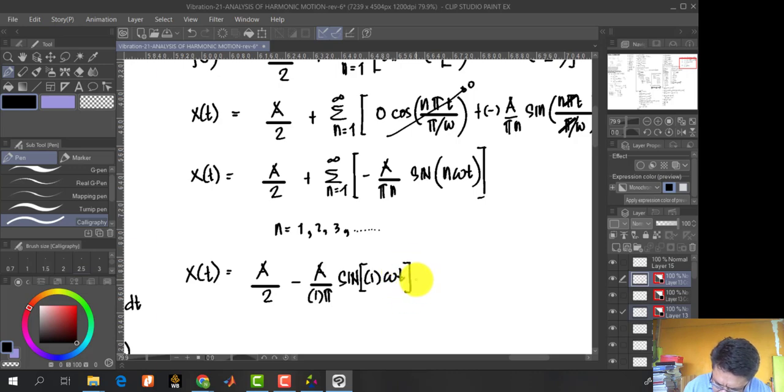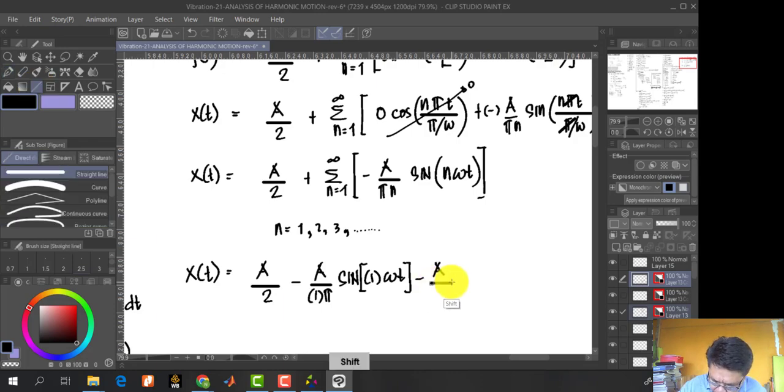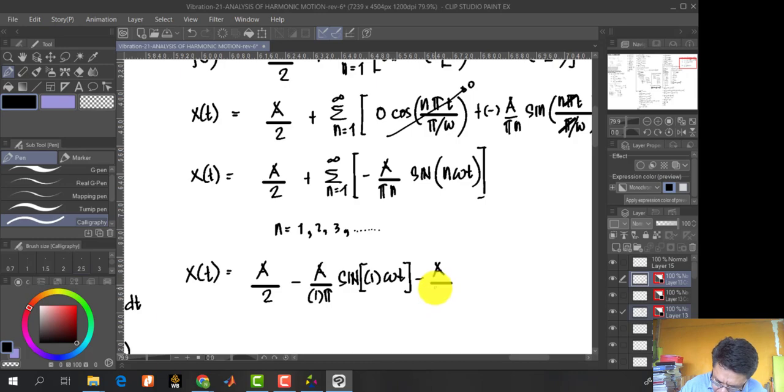Okay. Then next is, again, the same pa rin, no? A. Then all over, yung value ng n, so that will be, again, second term, we have 2. Then this will be pi, and it will be sine. Close bracket, we have yung value ng n, that will be 2 times your angular velocity times time.